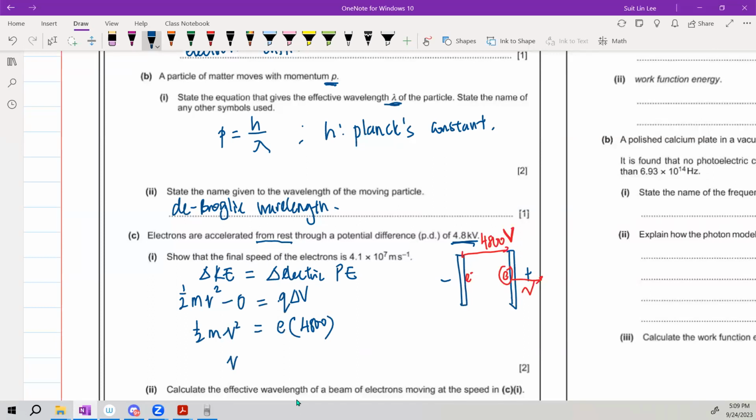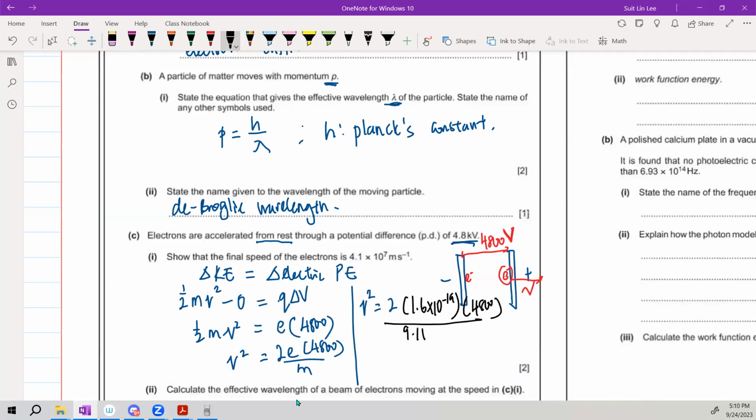So if I want to find v squared, it will be 2e times 4800 divided by m, where m is the mass of the electron. So I can substitute now. 1.6 times 10 to the power of negative 19, times 4800, divided by 9.11 times 10 to the power of negative 31.